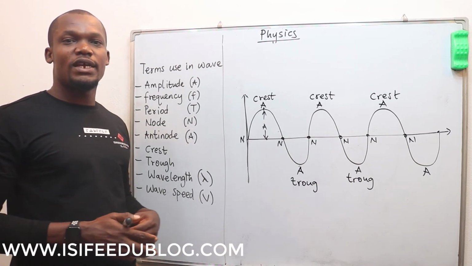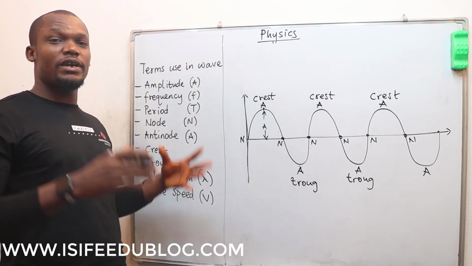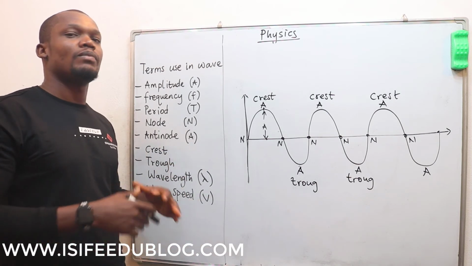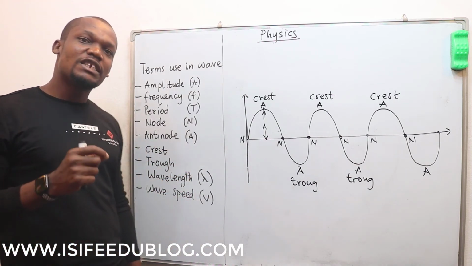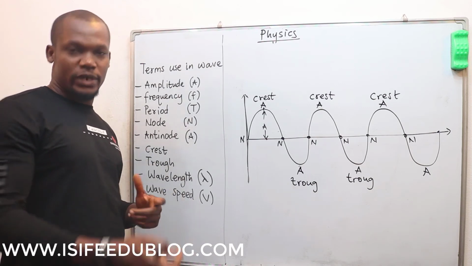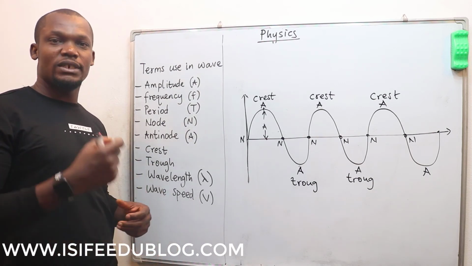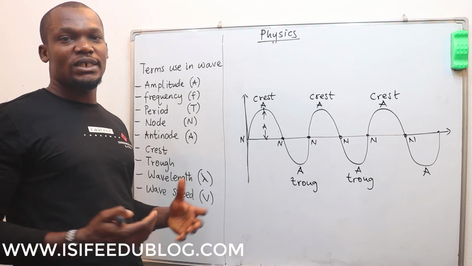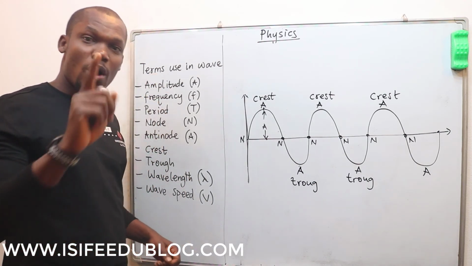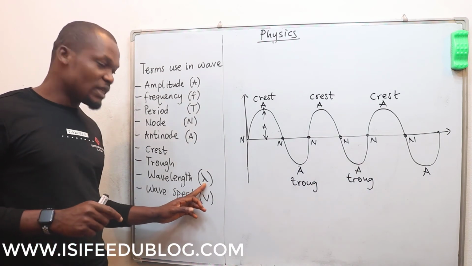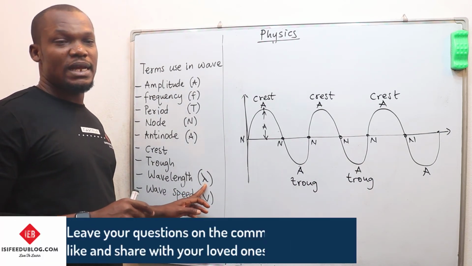Okay, now let's talk about the wavelength. What is the wavelength of a wave? It is a very important part of wave. Wavelength of a wave is the distance between two successive crests, or the distance between two successive troughs. One wavelength, lambda, we represent with the Greek letter lambda.